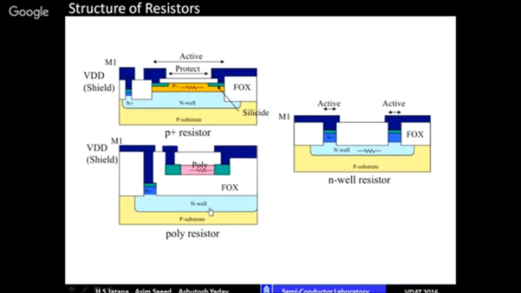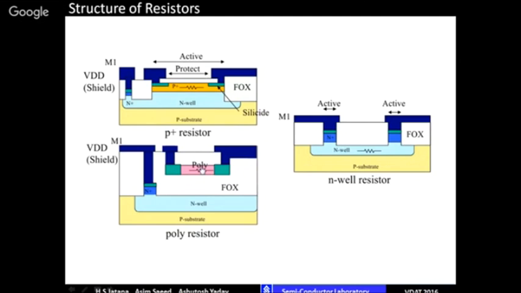Poly also has a poly depletion, but it is quite less. The VCR is very less, and this is a field oxide, so the depletion will be very less. But the question is, if you have to carry a huge amount of current, this is a field oxide dielectric, and this also is a field oxide dielectric.